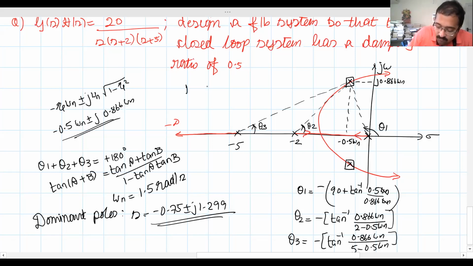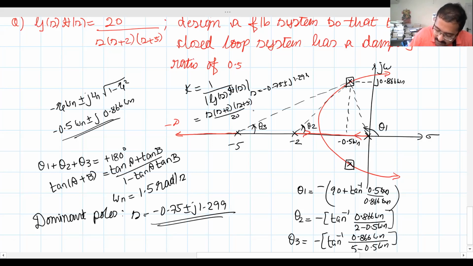K equals 1 divided by mod G(s)H(s) at s equals minus 0.75 plus j 1.299. So you will get s into s plus 2 into s plus 5 by 20 at s equal to minus 0.75 plus j 1.299. If you do that, you will get your K as 0.6008.